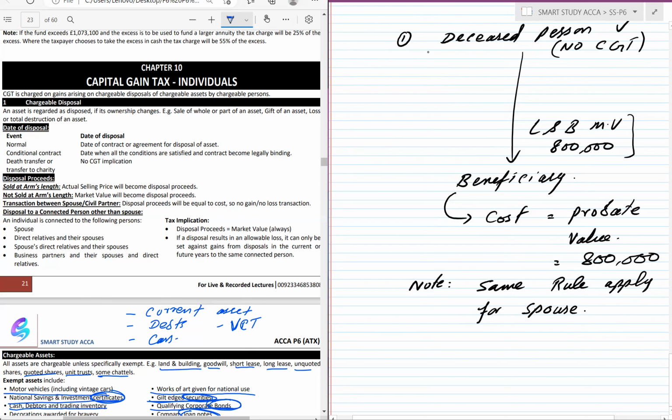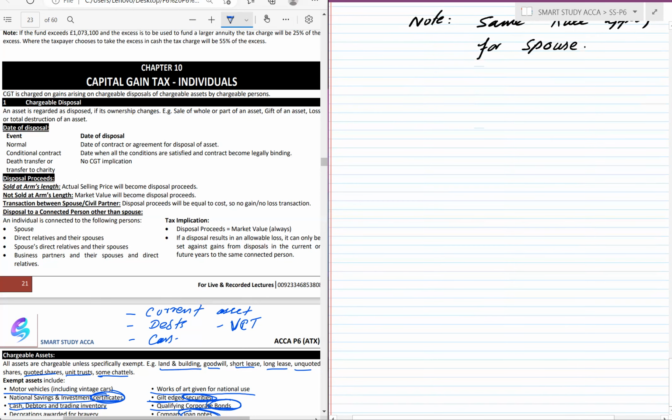Normally there are different rules for transfer of asset between husband and wife, but if the asset is transferred at the time of death, in that case this same rule is applicable for every individual including the spouse. So what are the normal rules for the spouse? Let's discuss over here as well.